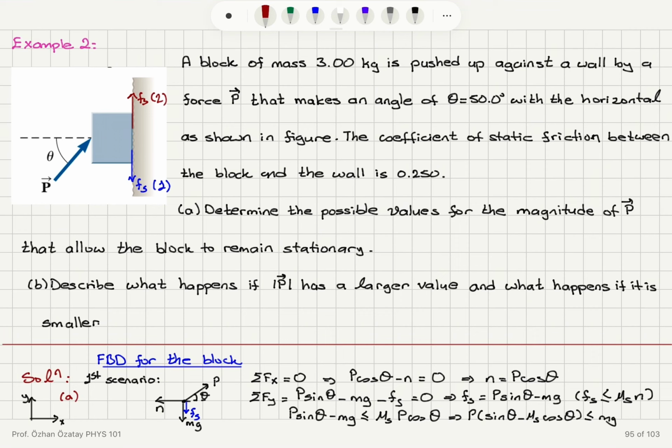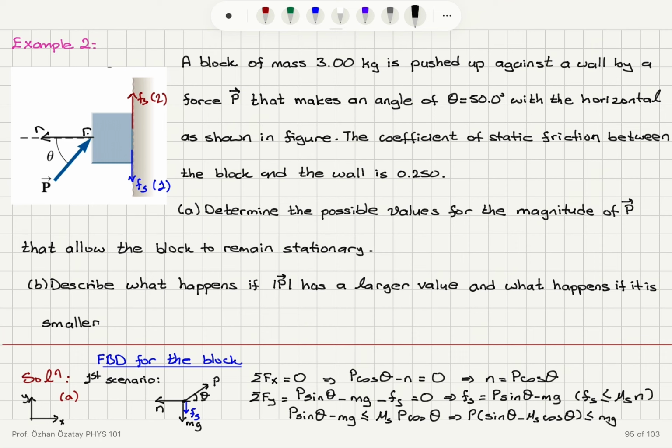So we identify the forces. One force is the normal force because the block is going to feel a force N perpendicular to its surface from the wall. It's going to feel its weight mg pointing down, so I'm assuming it has mass m, and there is the friction force acting on it.